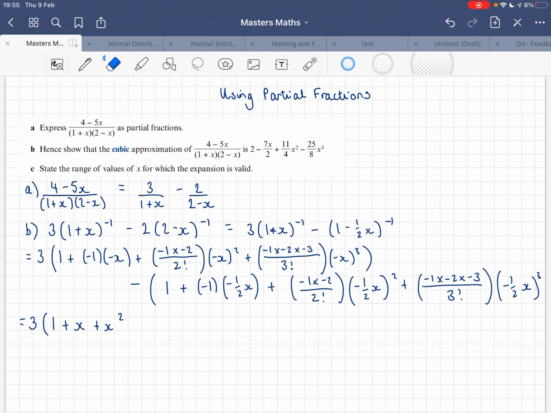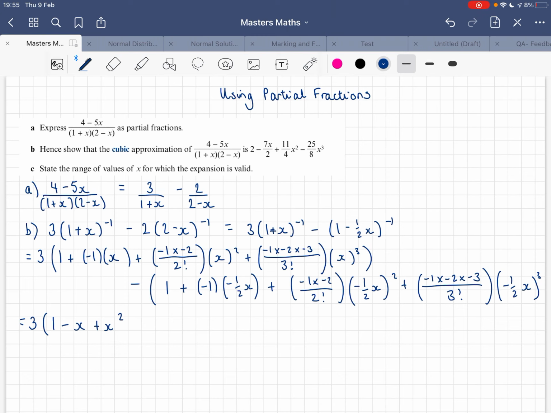Okay, so this is just x in all of these brackets. Not a huge mistake. So this is actually minus x because it's minus 1 times x.